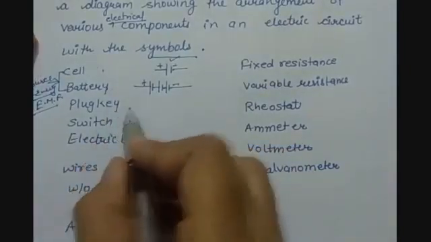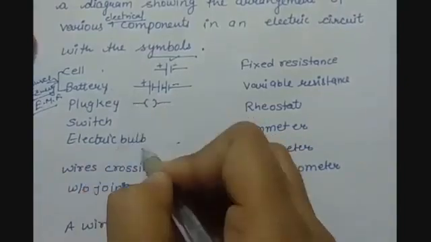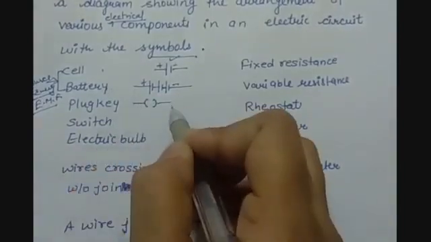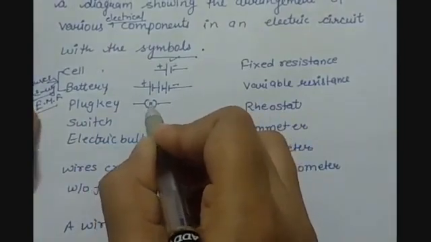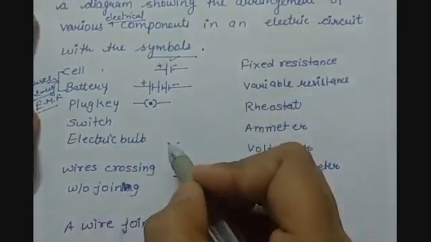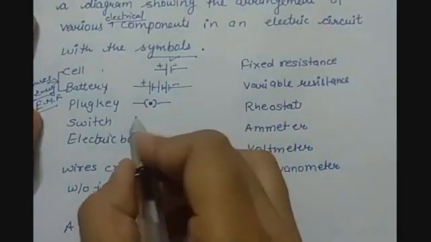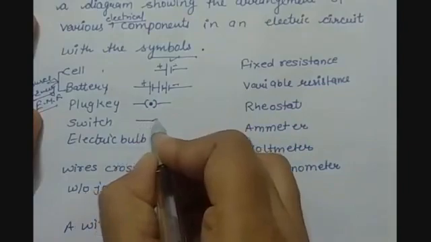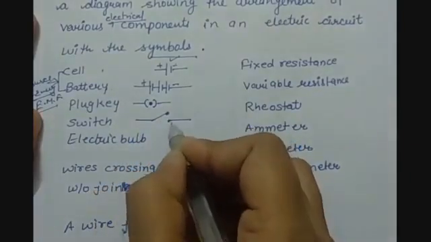Then we have the plug key. A key is made with this symbol and this is the connection to the circuit. This is an open key, and when we put a dot in between, that means this is a closed plug key. Then the switch. A switch has a basic symbol this way, but this is an open switch.